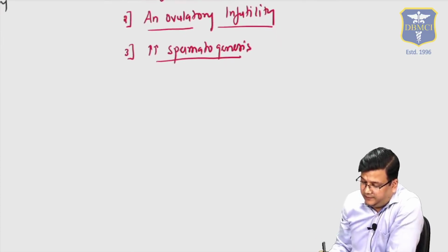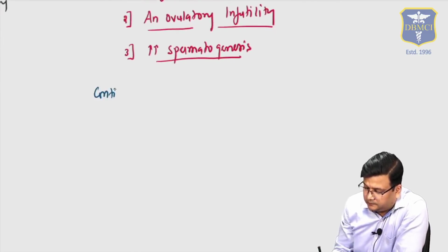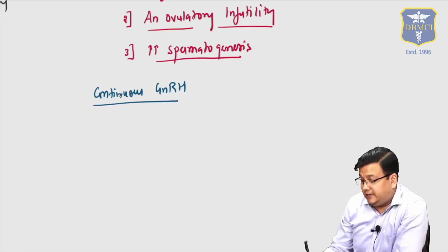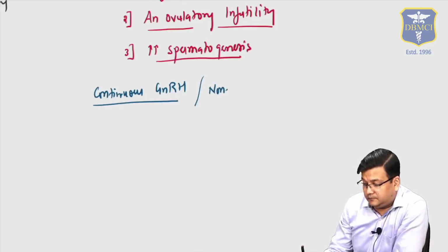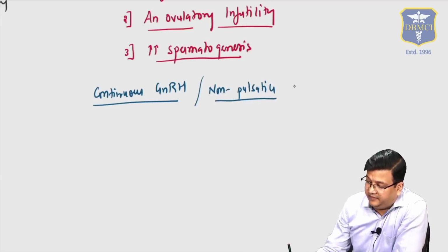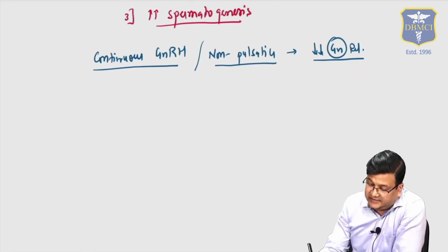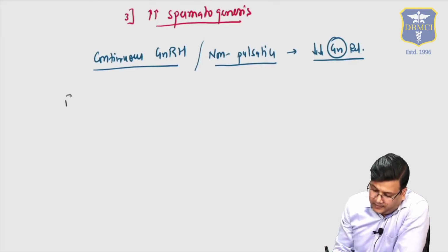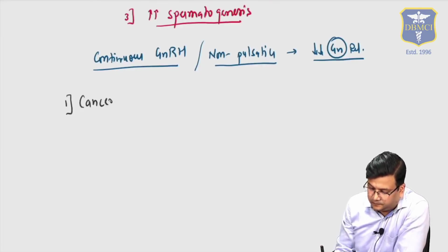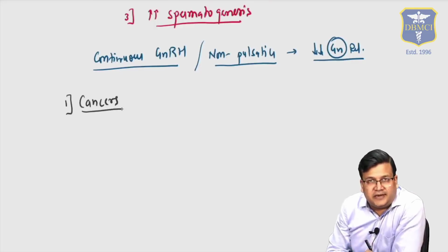However, if we were to give continuous, sustained, non-pulsatile GnRH, then we will see suppression of gonadotropin release from the pituitary, and therefore the testicular and ovarian function will also cease. This is used, number 1, in treatment of cancers. Hormone dependent cancers can be treated.